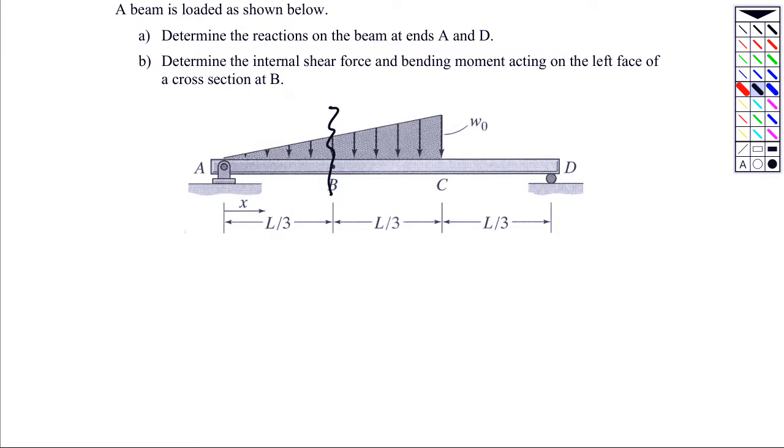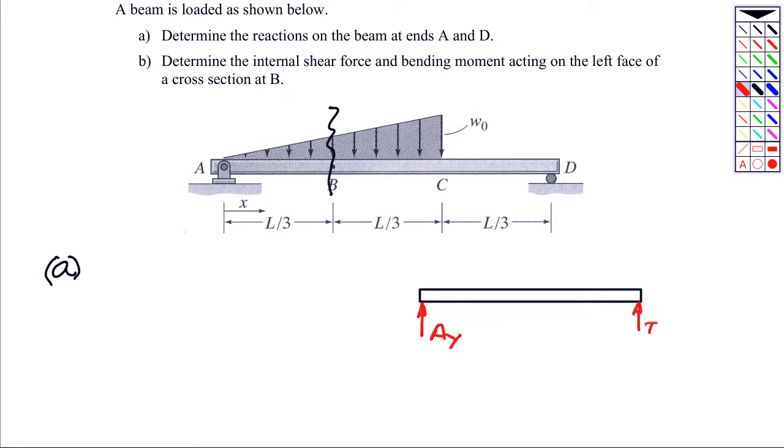For the first part, the FBD that we need is one of the entire beam. So I'm going to draw the entire beam, have reaction forces at A and D, so AY and DY.